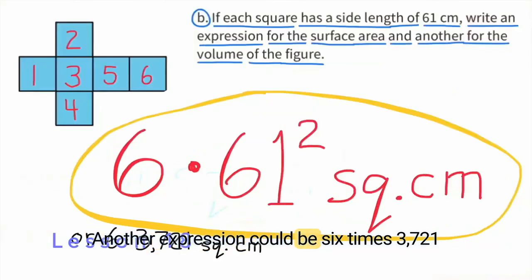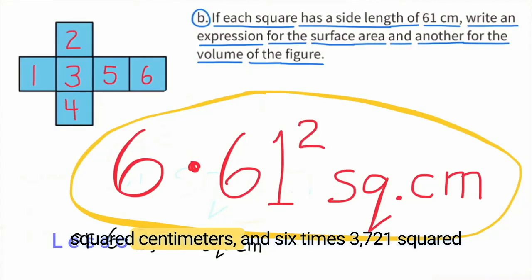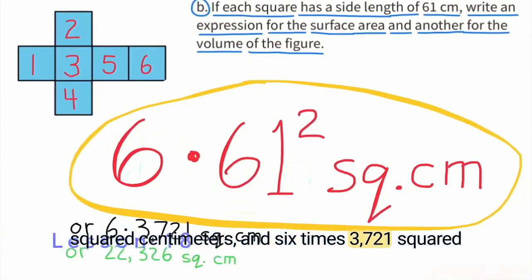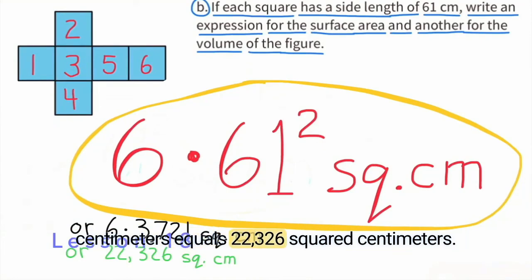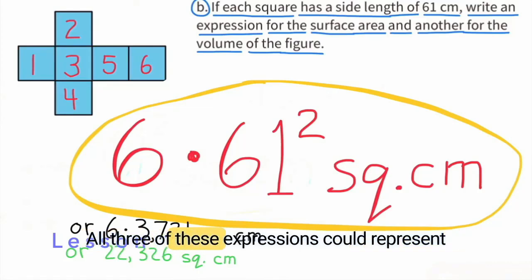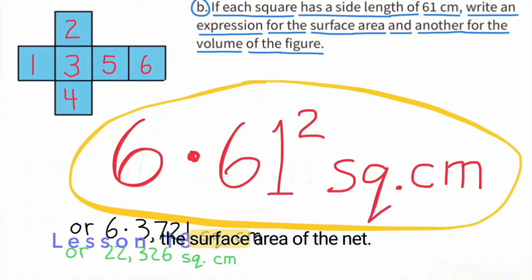Another expression could be 6 times 3,721 squared centimeters, and 6 times 3,721 squared centimeters equals 22,326 squared centimeters. All three of these expressions could represent the surface area of the net.